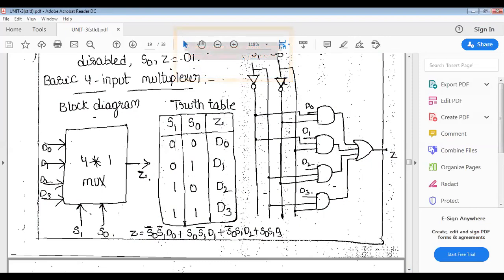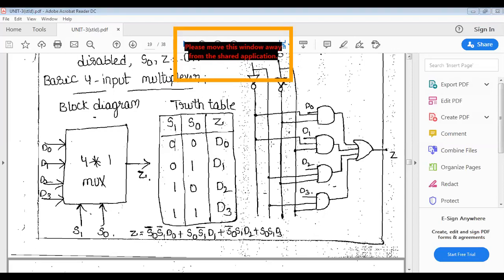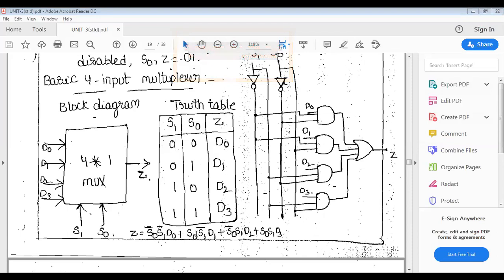Plus the second option. 0 and 1 means S0 is 1, so S0 is an uncomplemented value.